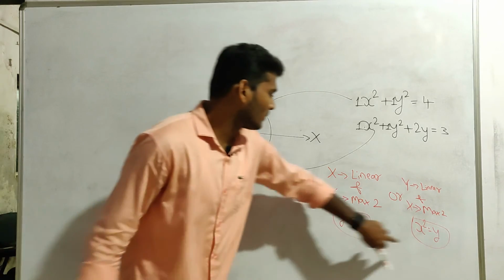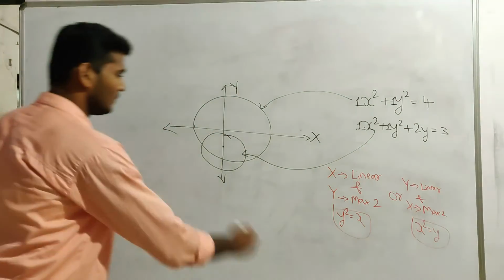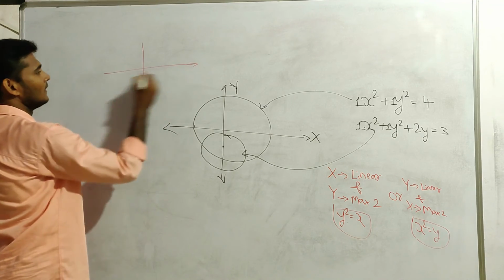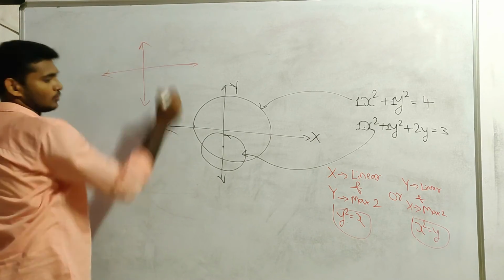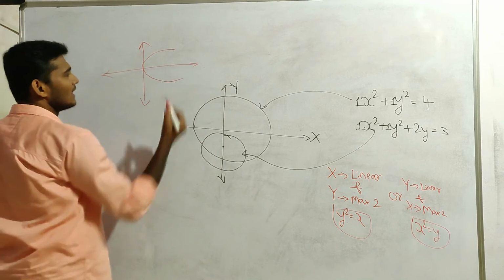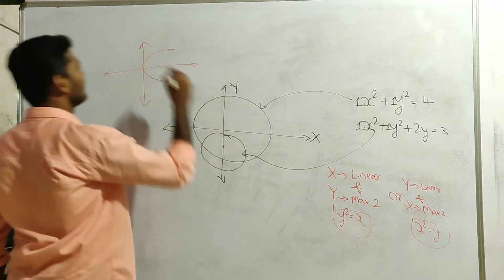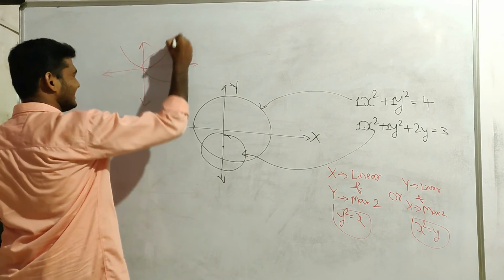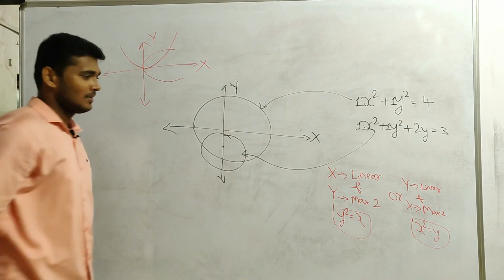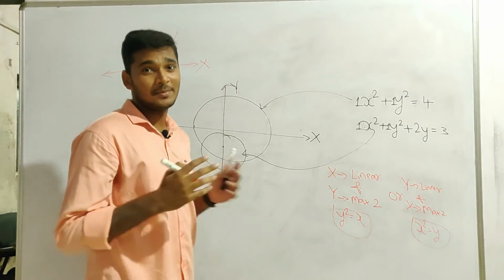So if I try to plot both these equations in a 2D space, let's try to draw a 2D space here. So this one will look something like this, and this one will look something like this. So x and y. So what is the takeaway from this?